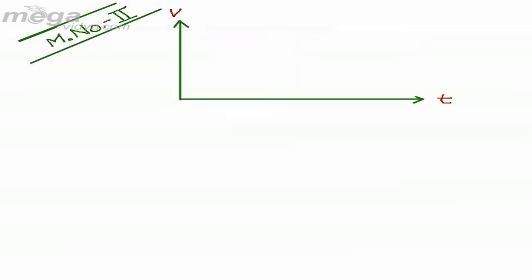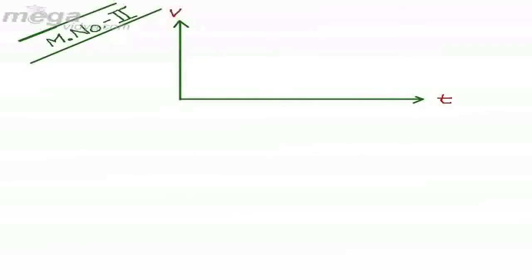Obviously, the particle's average velocity between 0 to 2 seconds is nothing other than 100 centimeter per second. For the next 4 seconds, the particle travels just 220 centimeters, which gives an average velocity of 220 divided by 4, that is 55 centimeter per second.